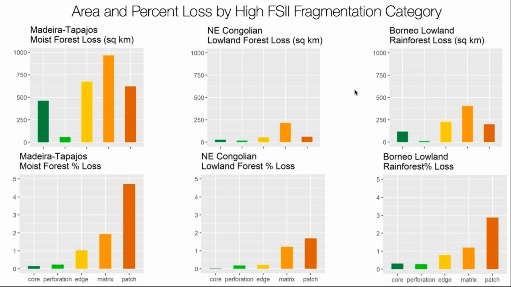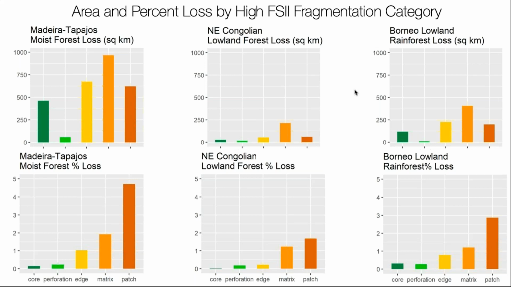And so this provides us additional information above and beyond human pressure and vertical structure, because we've essentially isolated high integrity forests. But then with this pattern analysis, we can look at whether there are specific places within high integrity forest that are at higher risk of loss than others. And that's what this shows.